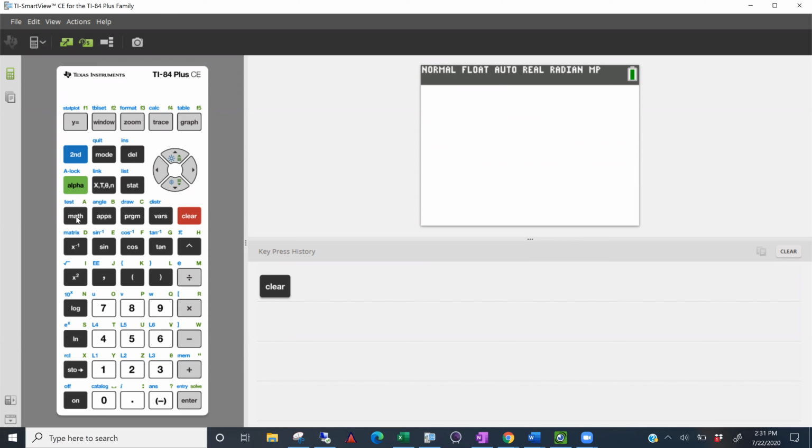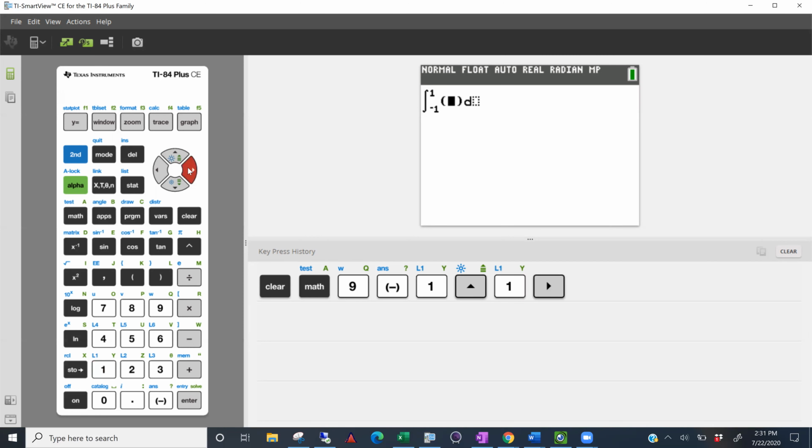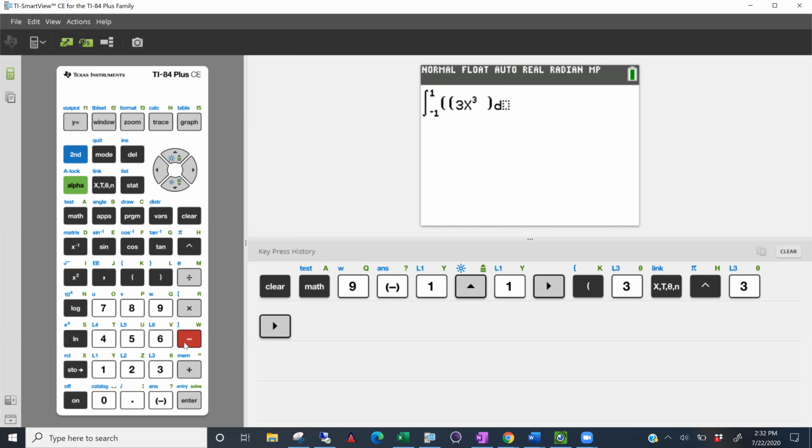And start by hitting Math 9. Do an integral from -1 to 1. Make sure you use the negative key on the bottom of your calculator, not the subtraction key. You'll get an error. And the first thing I need to type in is a parenthesis. So left parenthesis, and then 3x raised to the third power. You got to hit the right arrow to exit the exponent, minus 3x.